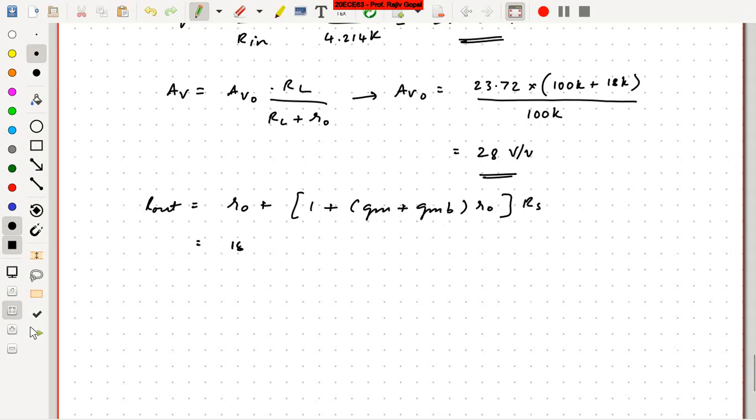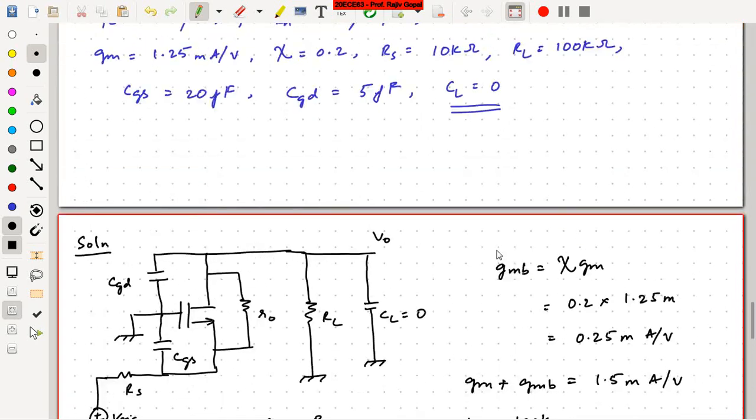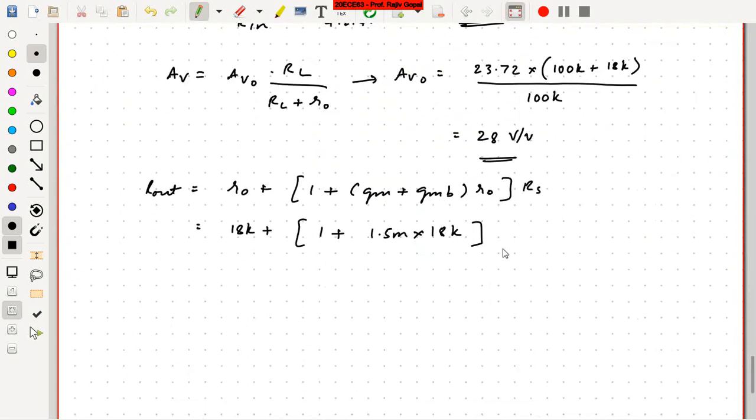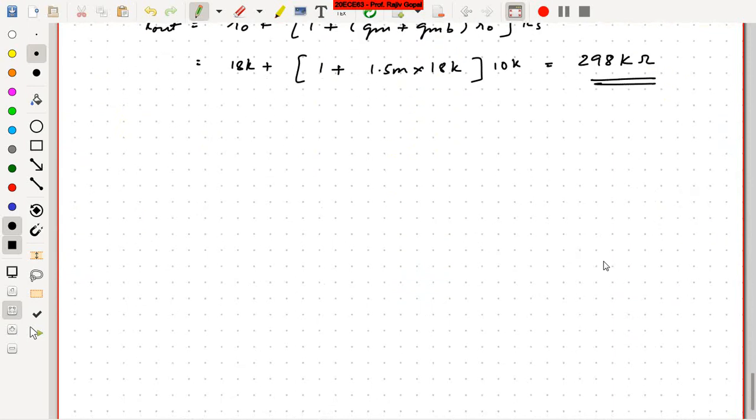This R naught is 18K plus 1 plus 1.5 milli into 18K into RS. RS is how much? RS is 10 kilo ohms. So here R out value is 298 kilo ohms. Now R out you have finally found out.